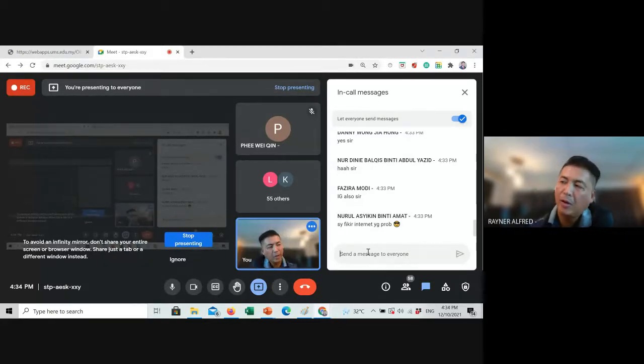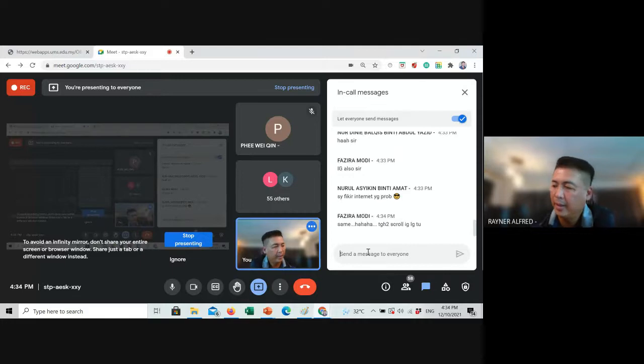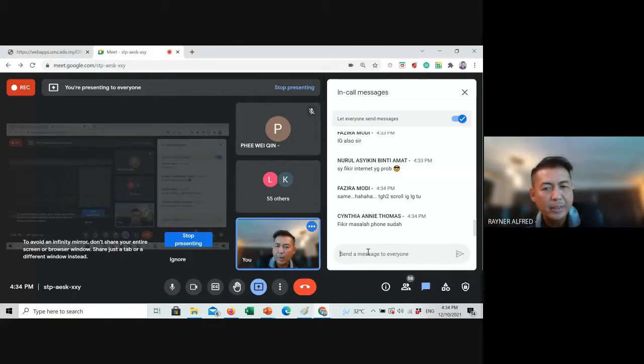So there was also an issue when we tried to sign up for this one. WhatsApp agree to sign up with WhatsApp. Most people don't want to sign up.